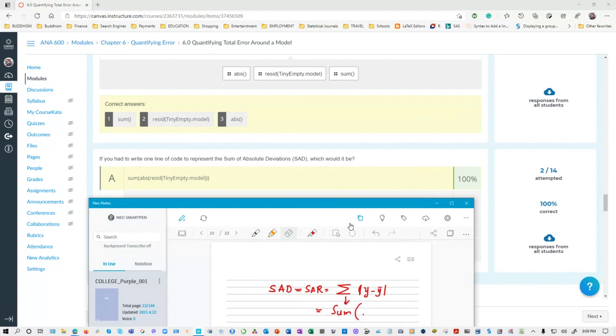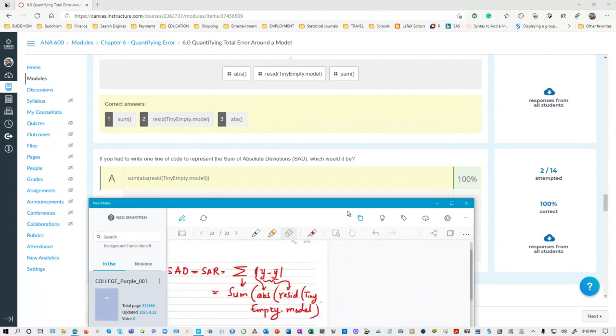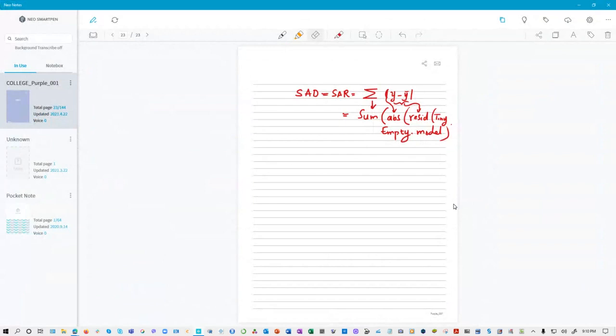Then inside you go to abs, for this. And inside you go to resid. Resid means this gap. That gap. Resid of whose? That model. Tiny empty model. Close it because we opened that one. 1, 2, 3 open, 1, 2, 3 close, it flows like that.